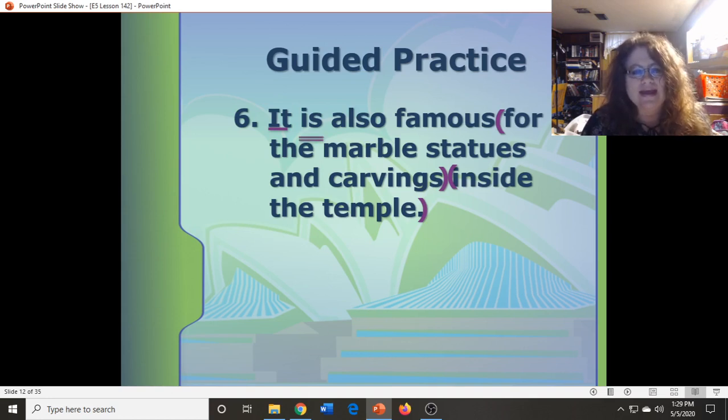Aha, is a linking verb. Now, just like in the last sentence, it is famous. Famous is a predicate adjective describing it. Also is an adverb. Those sneaky little adverbs are all over the sentences, but also would not be a subject or a verb. So it's pretty easy to find it is.